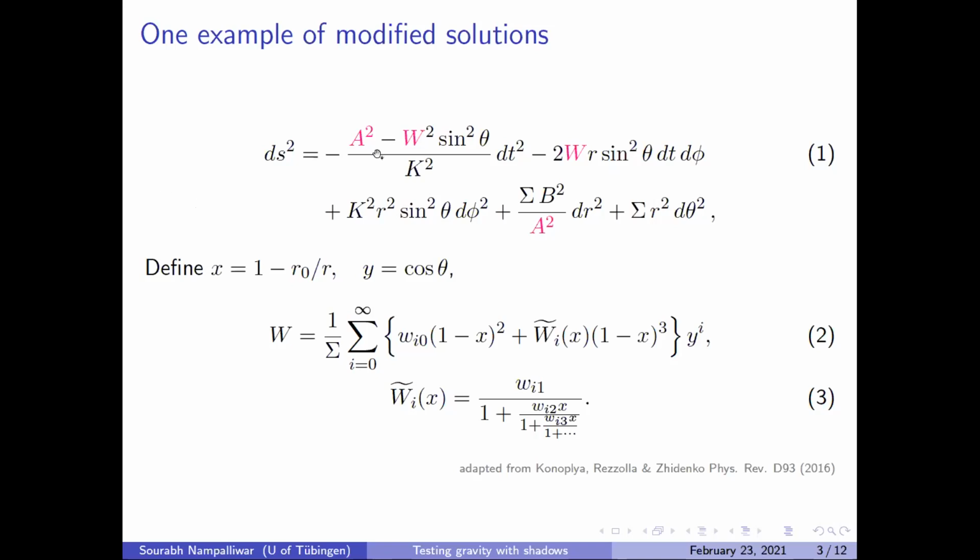For this talk, I would focus on two of the functions in the metric, A and W, which I have colored here in magenta. I will look at the leading order strong gravity parameter.